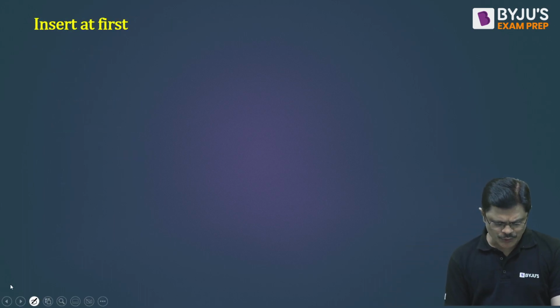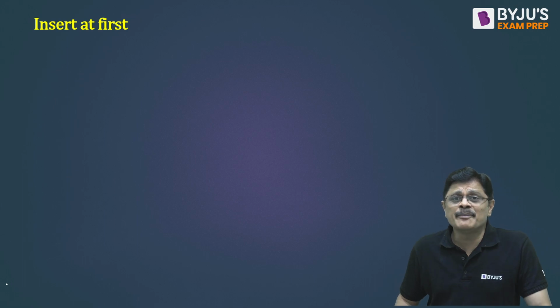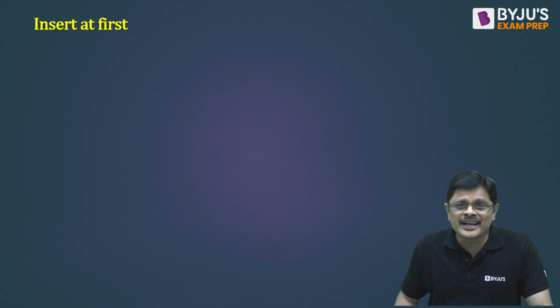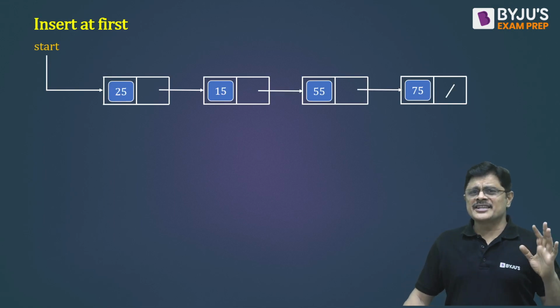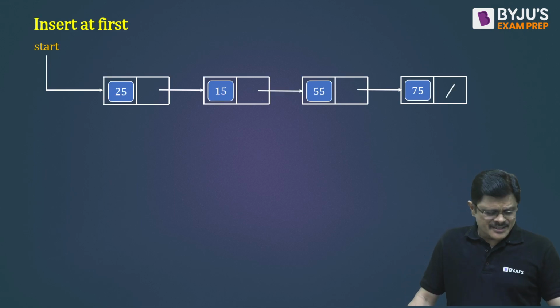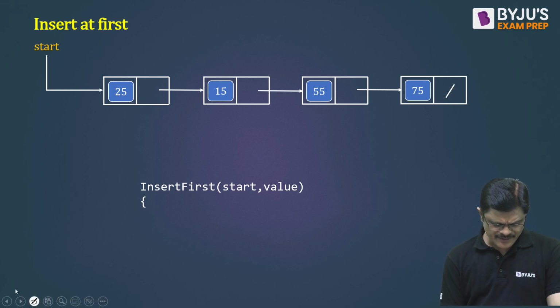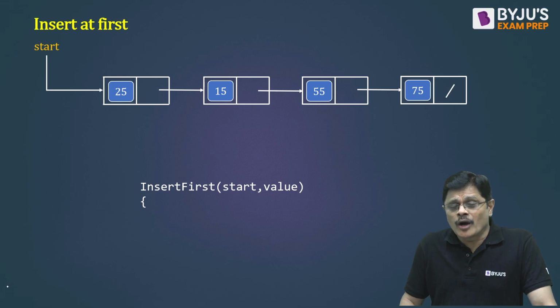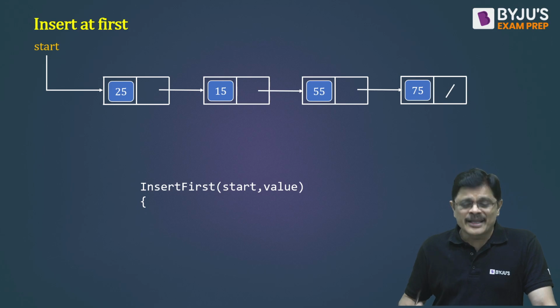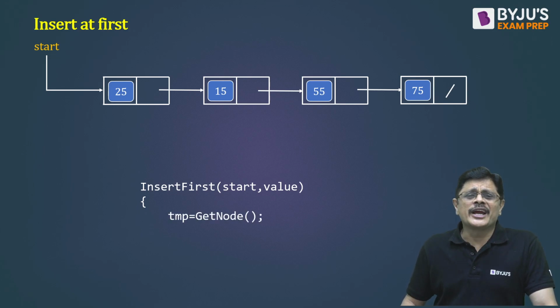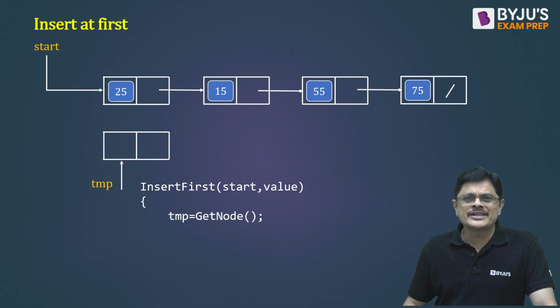Let us see how to do the insertion at the beginning of a singly linked list. Insertion at first. Consider this singly linked list, my dear friends. This is your function which is called to insert a node at the beginning of this singly linked list. You create a temporary node. The get node function will create the node.